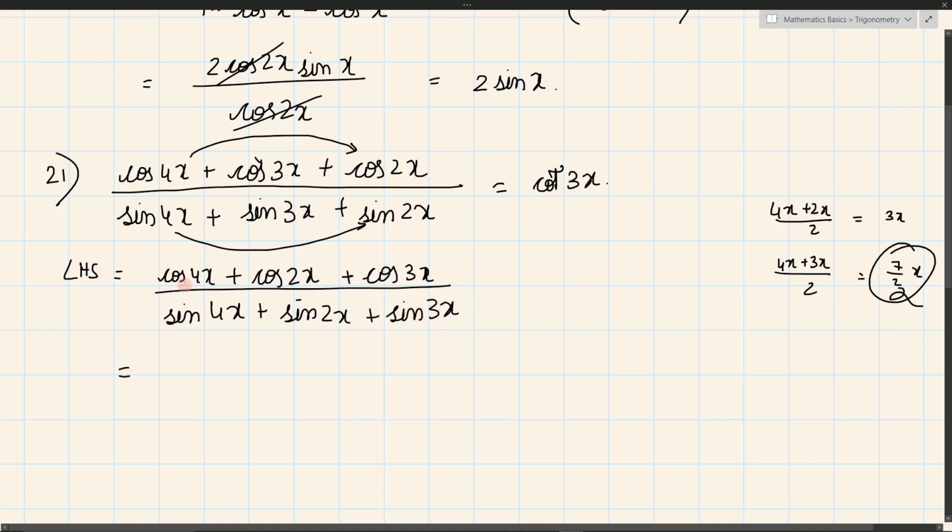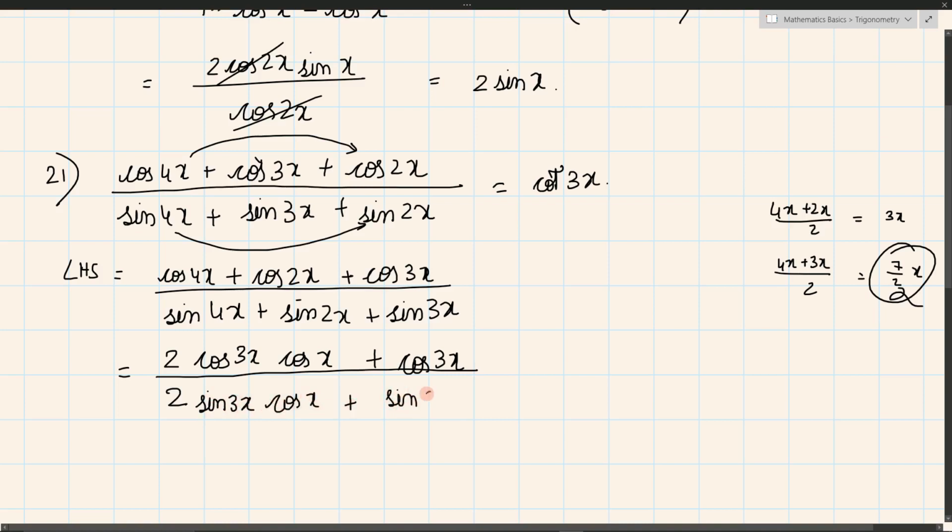Cos A plus cos B is nothing but 2 cos (A plus B) by 2, that is cos 3x, into (cos x plus cos 3x) whole divided by sin A plus sin B, which is nothing but 2 sine of (A plus B) by 2, sin 3x, into (cos x plus sin 3x).